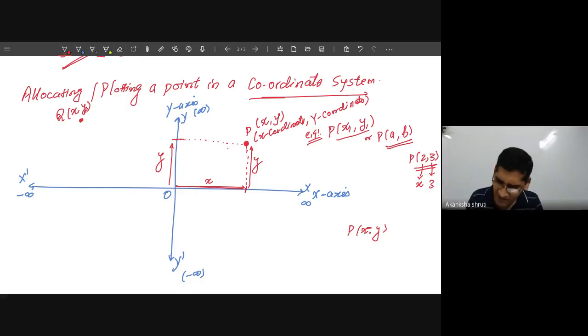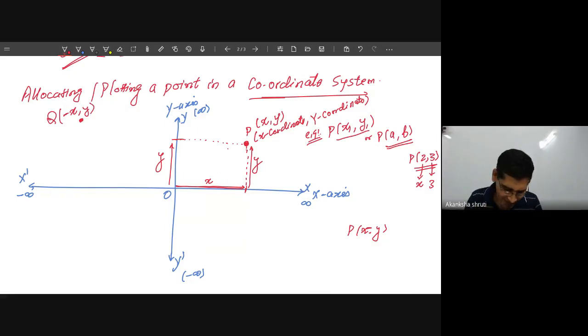But these have specific values. Like for this P we have taken A and B, or say 2, 3. This Q, x, y also has some specific value. But care has to be taken while denoting this. The sign is equally important, so we have to include the sign also. Including the sign, I have to specify that x has a negative value and y is positive.